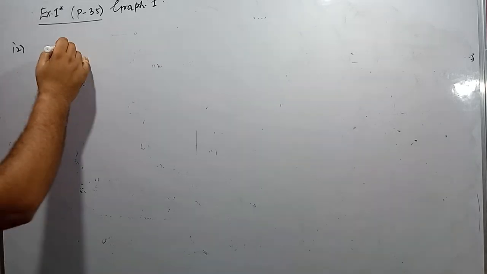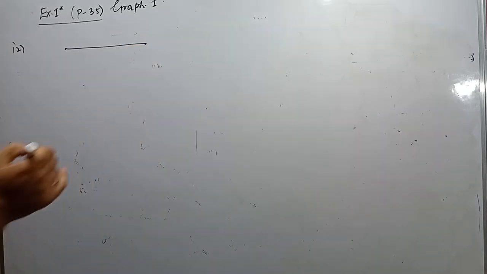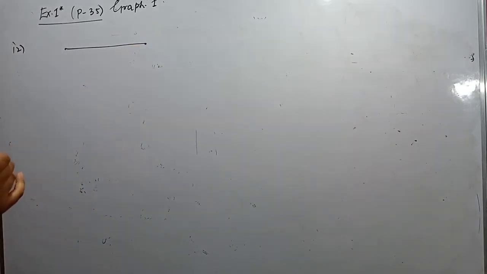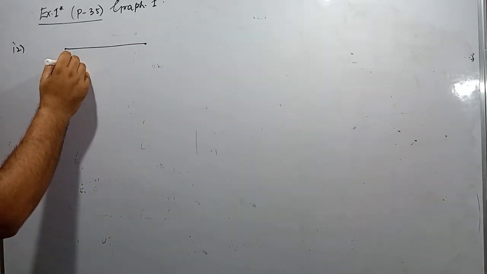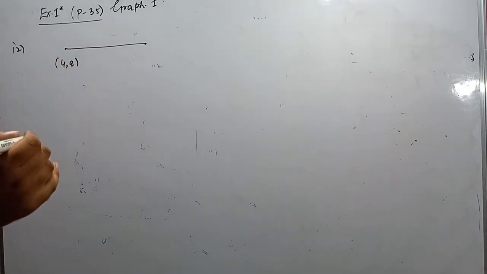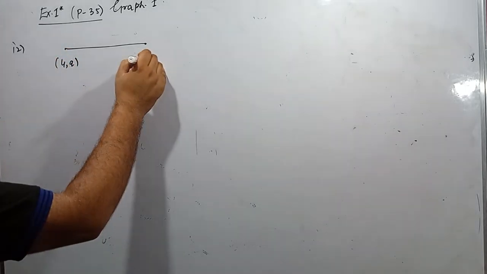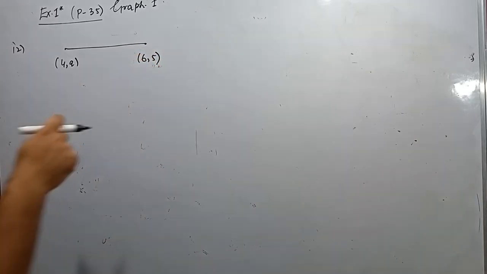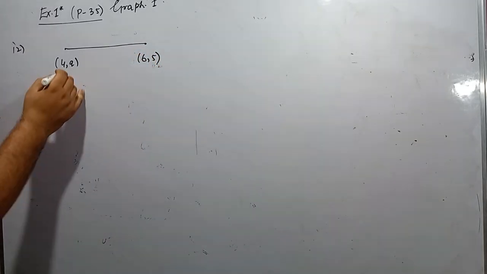What is 12? The gradient of the line joining points is twice the gradient of the line joining points. You can see there are two lines once again. The first point is 4, q and the second point of the first line is 6, 5. This is the first line, I will find here the gradient.